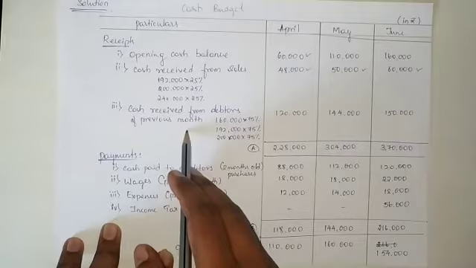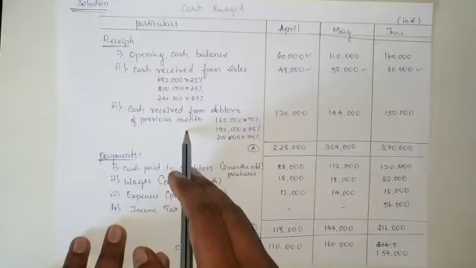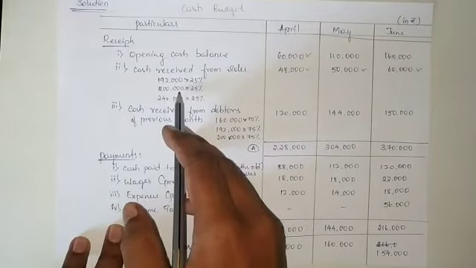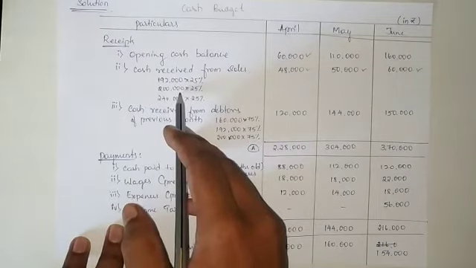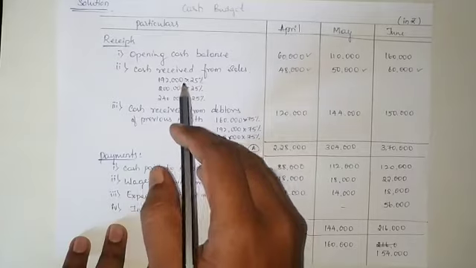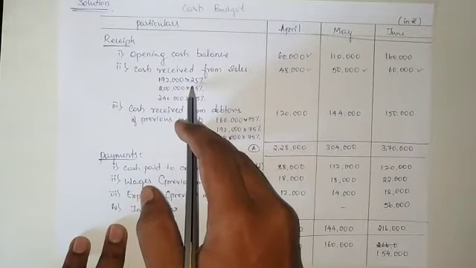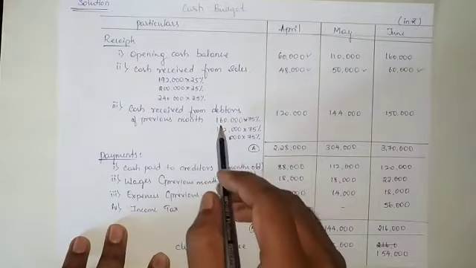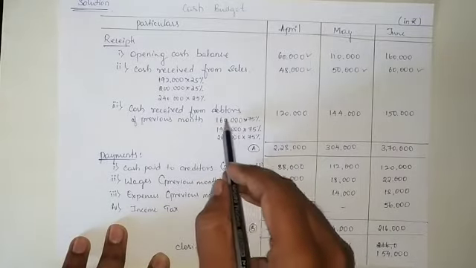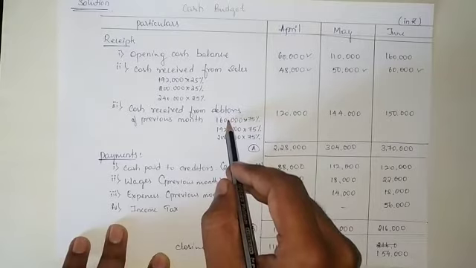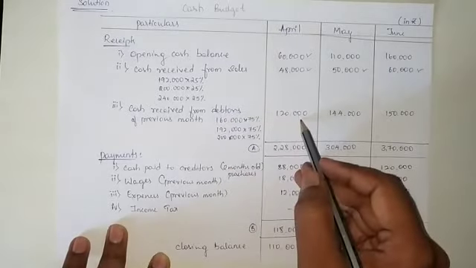If you have made sales, out of which 25% is cash sales, the remaining is credit sales. That credit sale amount is going to be received in the coming month. This particular credit sale is related to March, and this amount is received in the month of April.